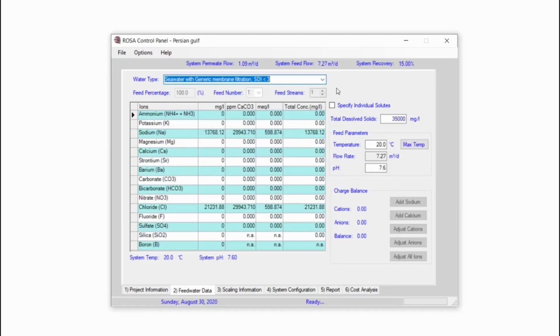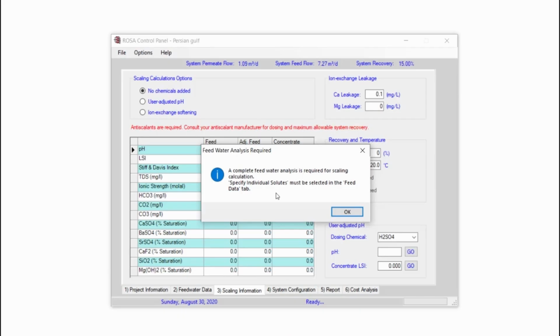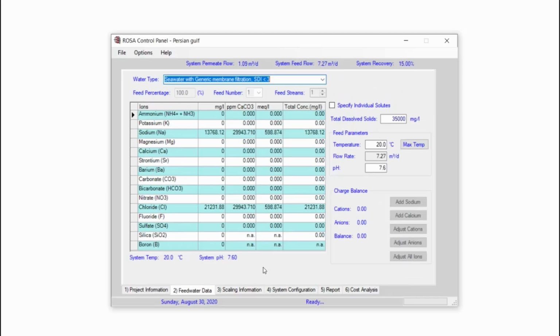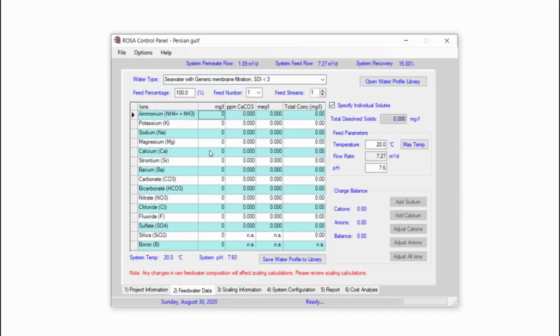And now you have to go to the next page, scaling information. As you can see, you have an error here because a complete feedwater analysis is required for scaling calculation. It means that if you need to analyze the scaling in your case, you have to input the water analysis in the feedwater data, crossing the specified individual solutes and inputting all the water analysis in this page.